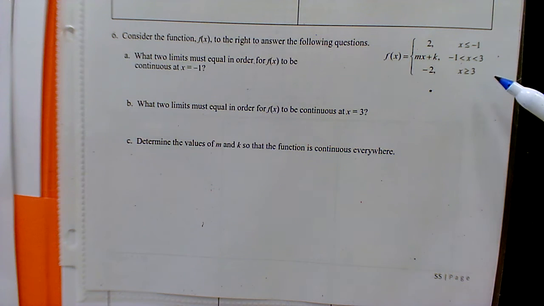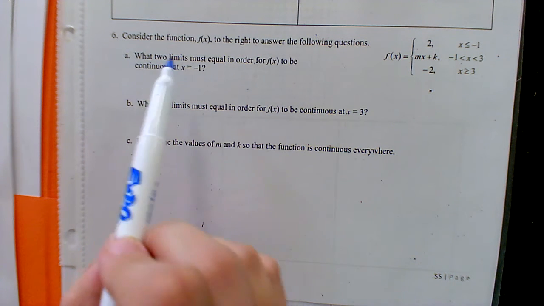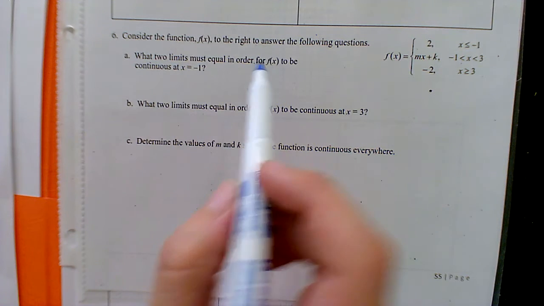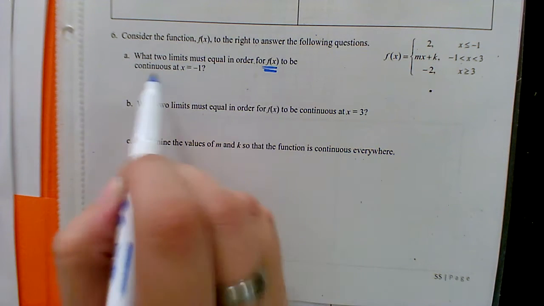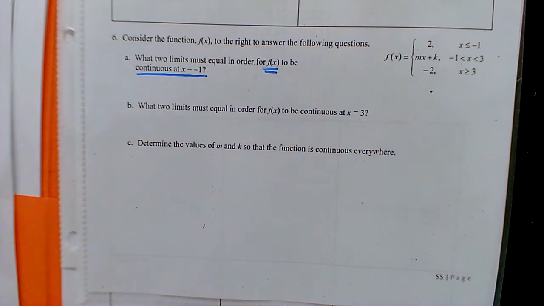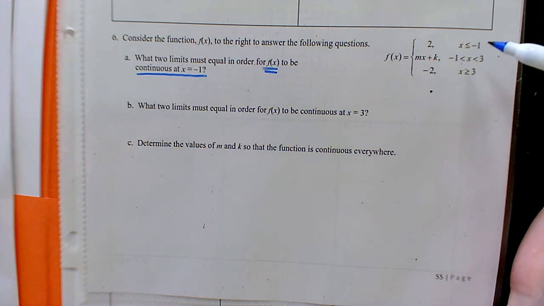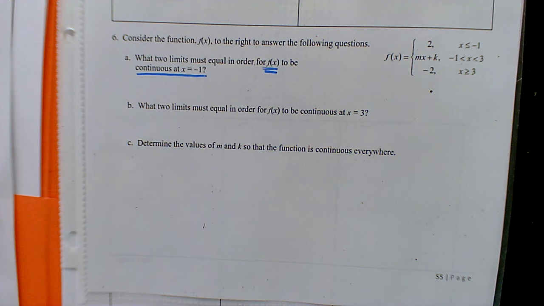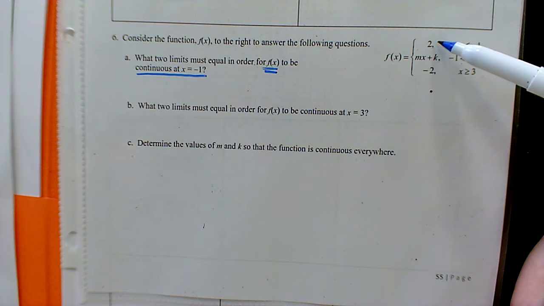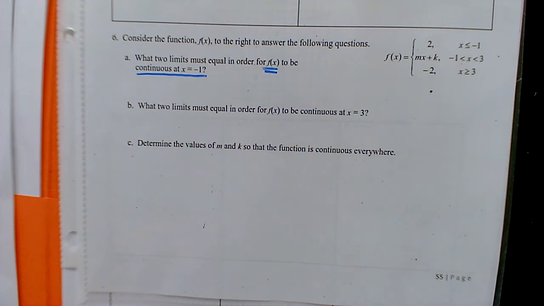So off to the right, we have this piecewise function. The first question is asking us what two limits must be equal in order for this piecewise function to be continuous at -1. Now, if you look at the piecewise function, notice how -1 is a part of that domain or constraint area. -1 is where your first function is ending, but it's also where the second function is beginning.